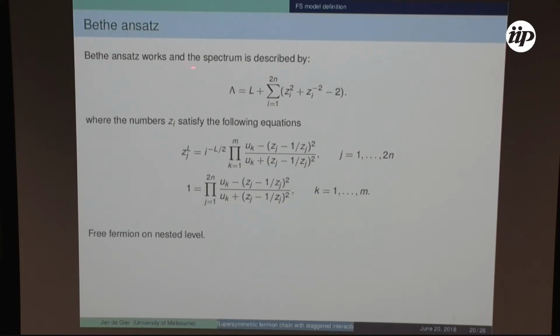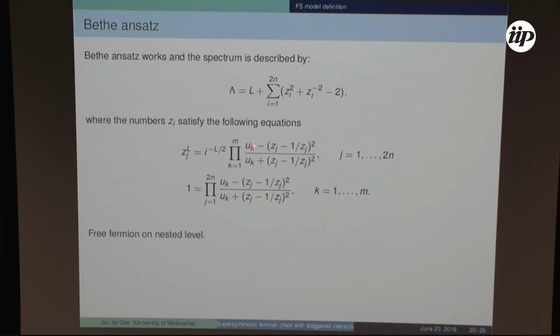The Bethe ansatz works, and the spectrum is described in the usual way, where the z's are the Bethe roots, and they satisfy the following equation. Now I'm talking about periodic boundary conditions. So with periodic boundary conditions, the z's satisfy equations of this form.